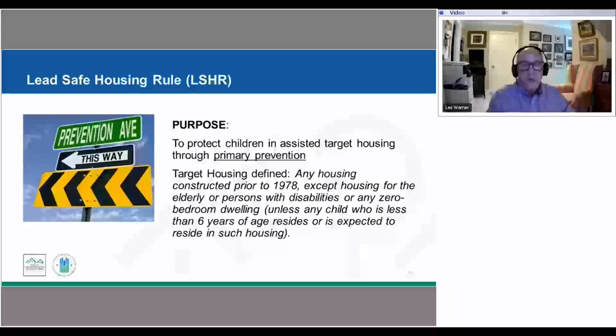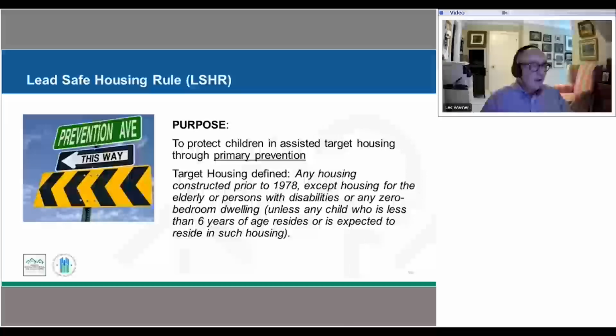And when we use the term target housing, we'll use this as we go through the training. Target housing is any housing that was constructed prior to 1978. So lead paint was banned in the United States beginning in January of 1978. And so this line is drawn on housing that was constructed prior to that may contain lead-based paint, and so our lead-safe housing rule applies specifically to that target housing.